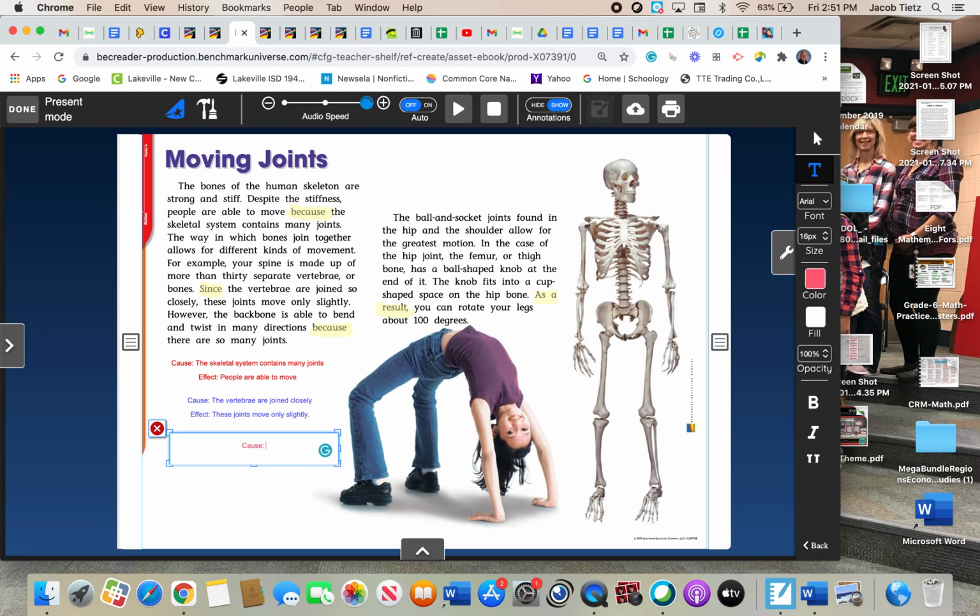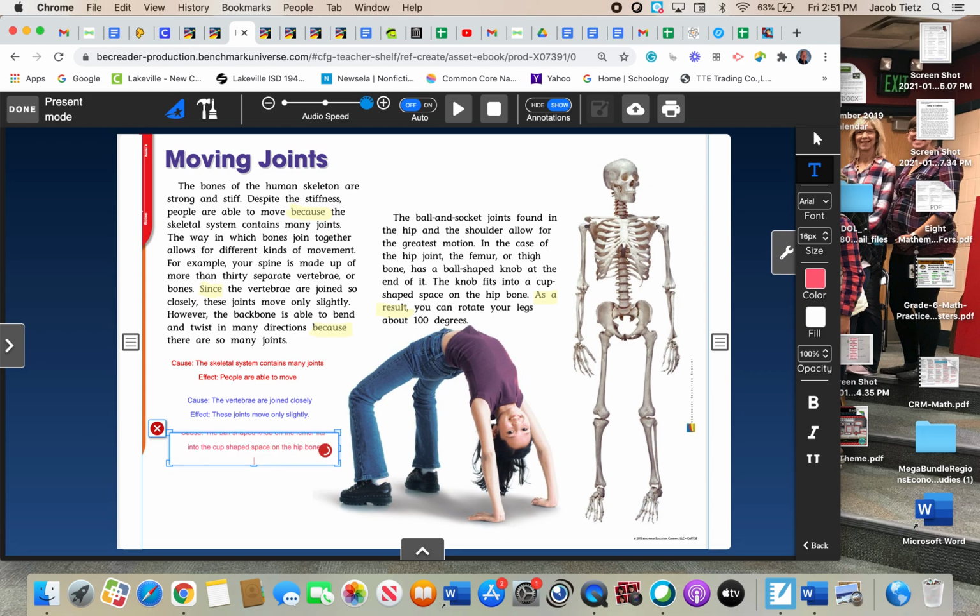It's because the ball-shaped knob on the femur fits into the cup-shaped space on the hip bone.